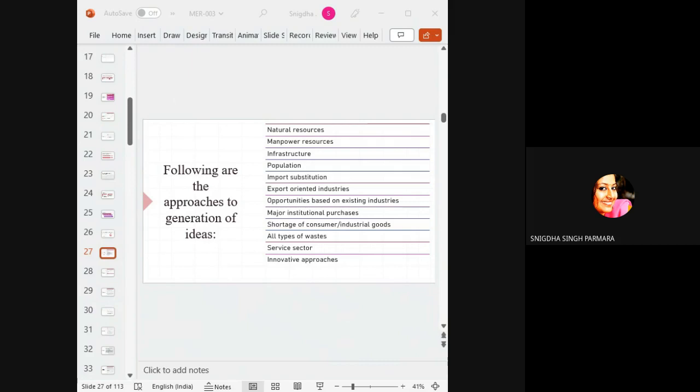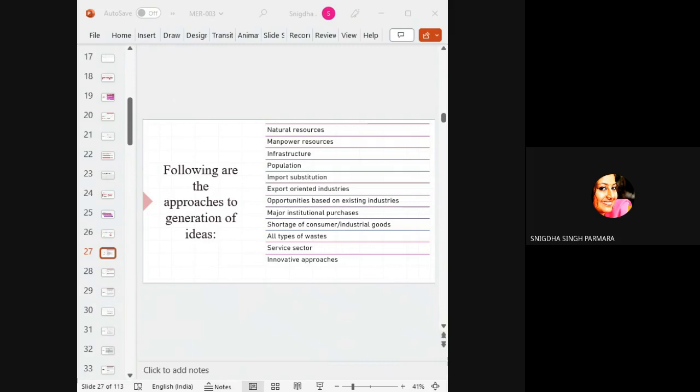Import substitution: when certain goods that were imported previously by the country are now supposed to be manufactured within the boundaries of the nation. For instance, I think in 2014, no, sorry, I think in 2016 we launched the Make in India project, right? So when the Make in India project was launched, a lot of import substitution to a great extent possible was done.